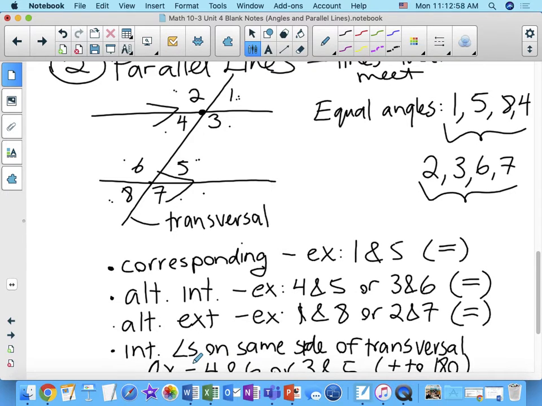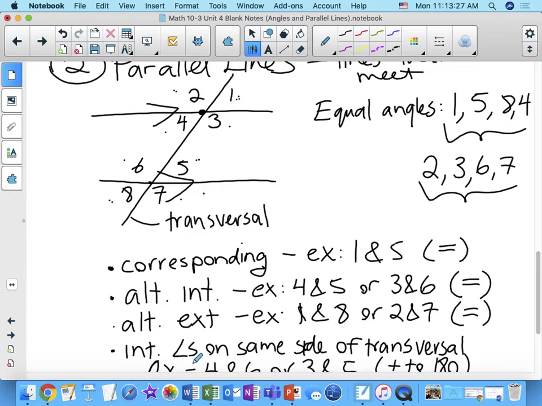Okay, so remember the ones on the outside are 1, 2, 7, and 8. So for example, angle 1. What's on the outside but on the same side of the transversal? Look at the ones on the same side of the transversal to angle 1. Which one is on the outside? 7, yeah, 1 and 7.